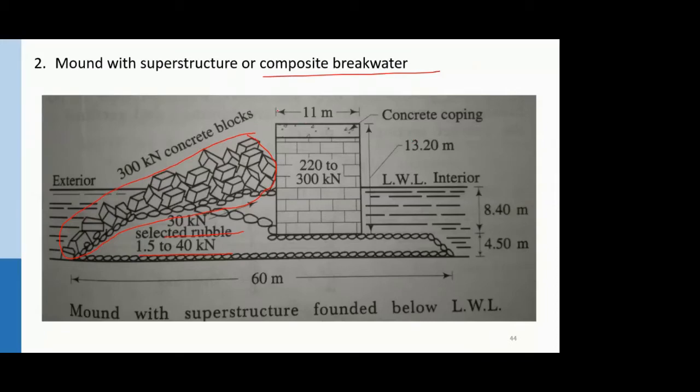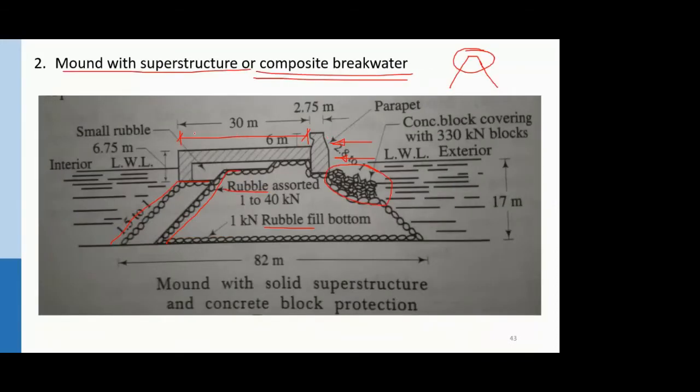If you see the dimensions, you have something like 11 meters and 30 meters. So it's quite sufficient width, which can be used for transferring material, cargo, or pedestrians from one place to another.